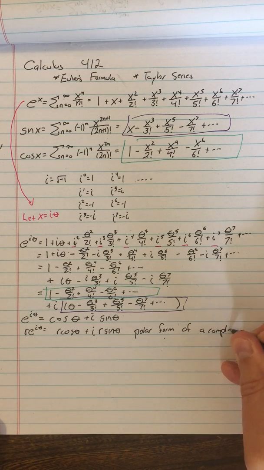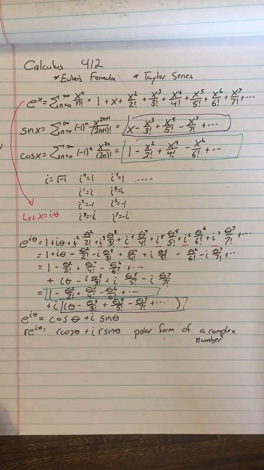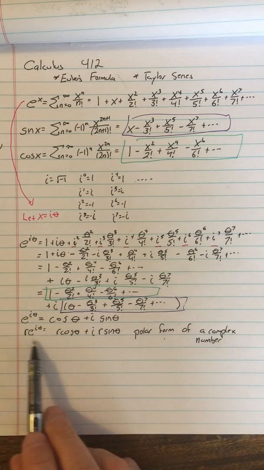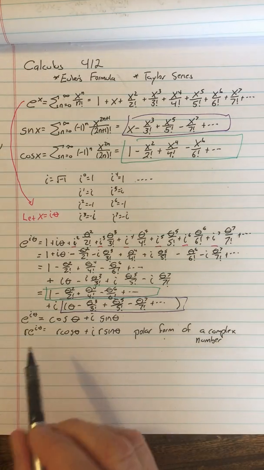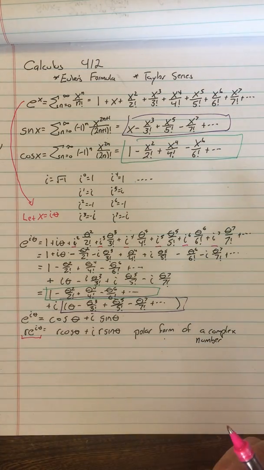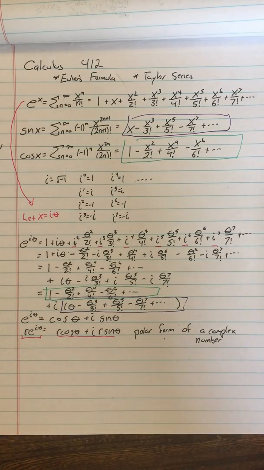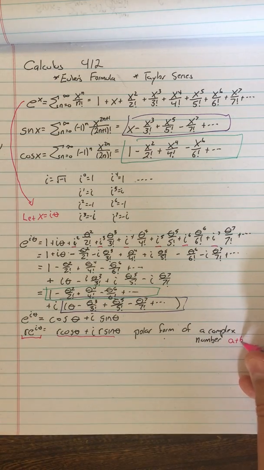Now, this is the one that actually has some applications. The application is in electrical engineering, specifically in alternating circuit analysis. I tried to find a cool video on this, but a lot of it was way more engineering-y and not enough mathy. But they do definitely use this formulation, r e to the i theta, to represent complex numbers. You've seen a plus bi, that's the rectangular form.